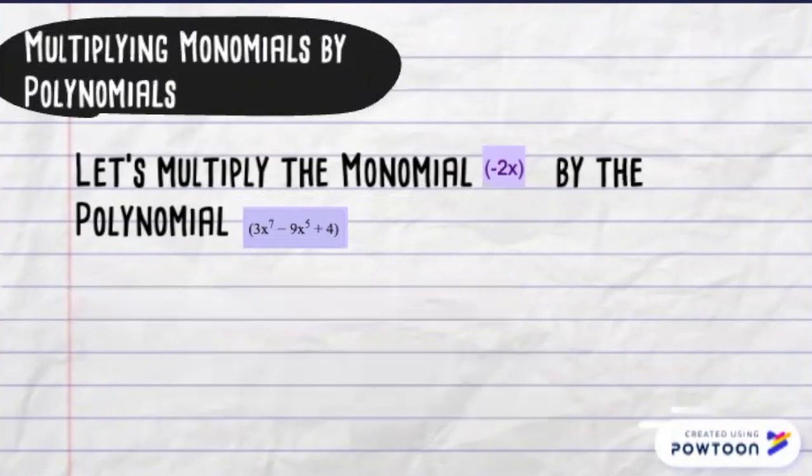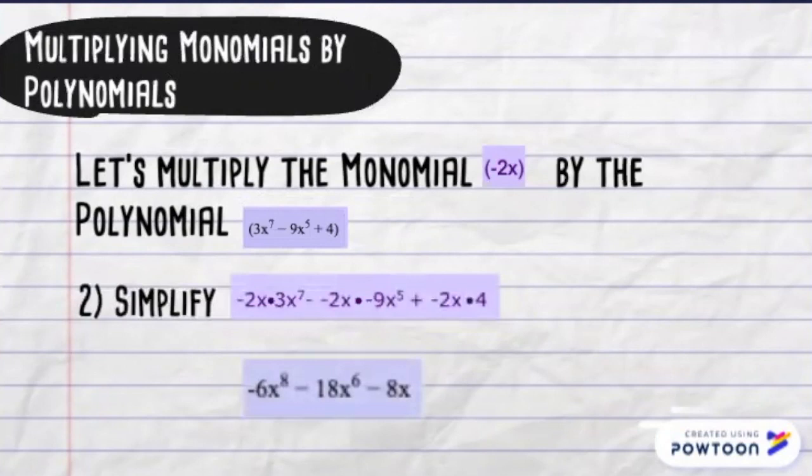And the next step is again to simplify the expression that we ended up with. So negative 2x times 3x to the 7th power will be negative 6x to the 8th power, because negative 2 times 3 is negative 6, and x times x to the 7th power is x to the 8th, because we are adding the exponents and multiplying the coefficients.